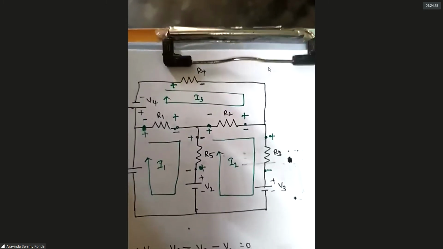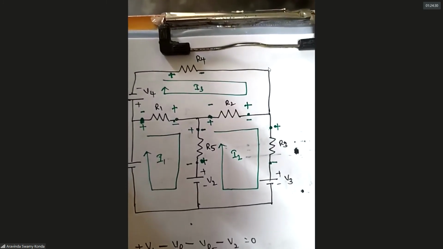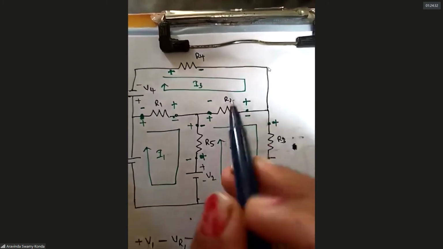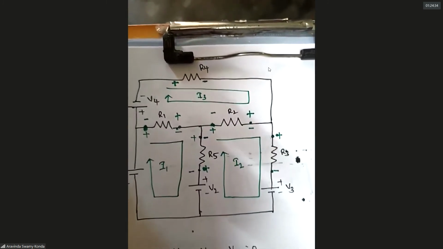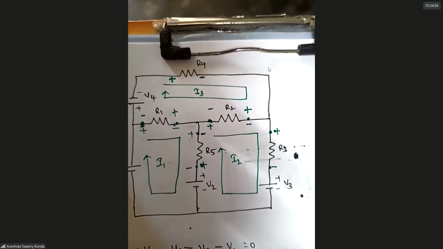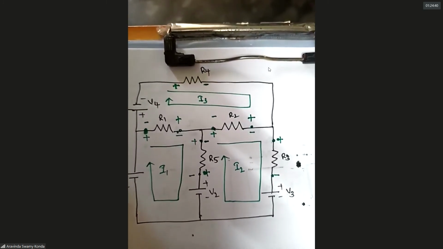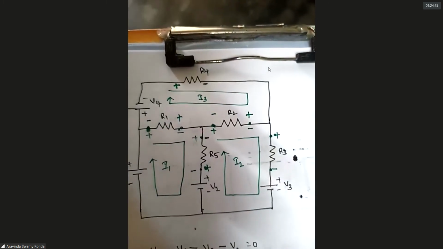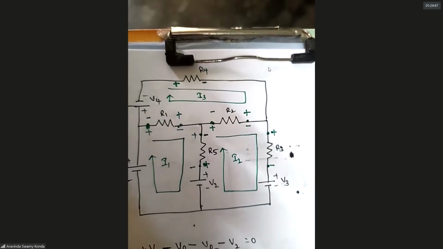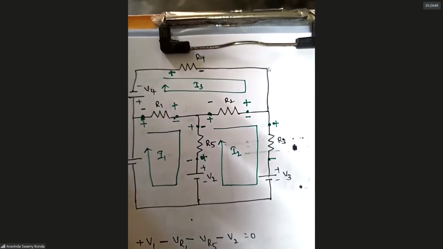Then VR2, minus. VR1, minus. Then V4, minus.